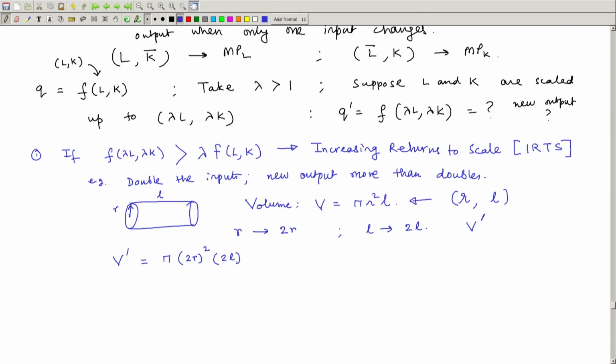So, the new length is twice the previous length. The new volume is pi times the radius square times the new length, which is going to give me 4 times 2. So, that is going to be 8 times pi times r square times L, and pi r square L is nothing but my previous volume. So, this is 8 times the previous volume, which is clearly greater than 2 times V.